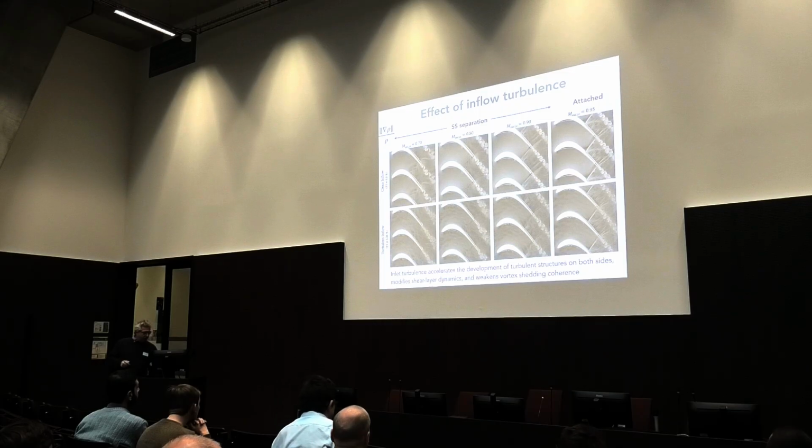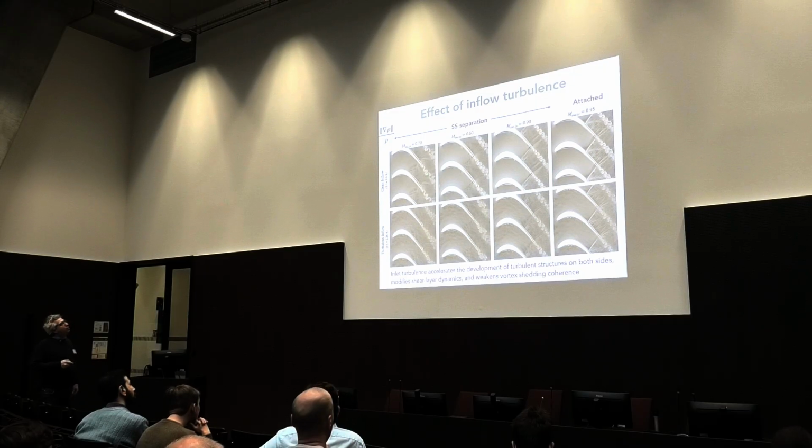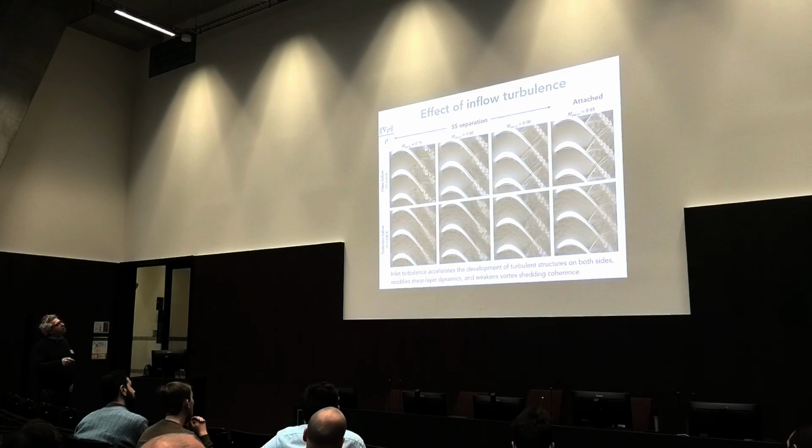Now, if we compare the different Mach numbers and the fact that we use a clean inflow or a turbulent inflow, we can see that in the low Mach regime, 0.7, 0.8, 0.90, the boundary layer separates on the suction side in the 3 cases, while at a higher Mach number, 0.95, it stays attached in this region on the aft part of the suction side.